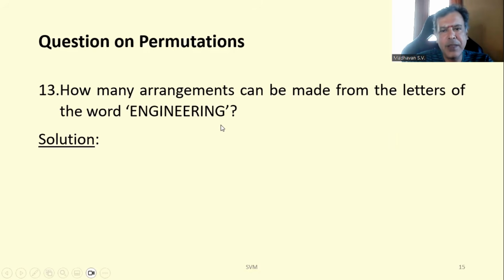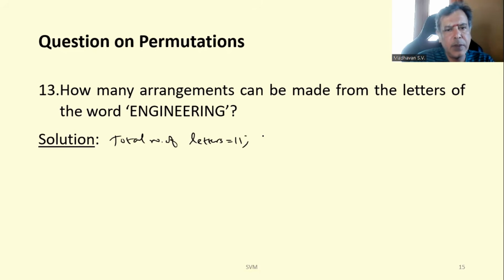How many arrangements can be made from the letters of the word engineering? Now, if we count the number of letters, 1, 2, 3, 4, 5, 6, 7, 8, 9, 10, 11. So total number of letters equal to 11. Number of E's present is 3.